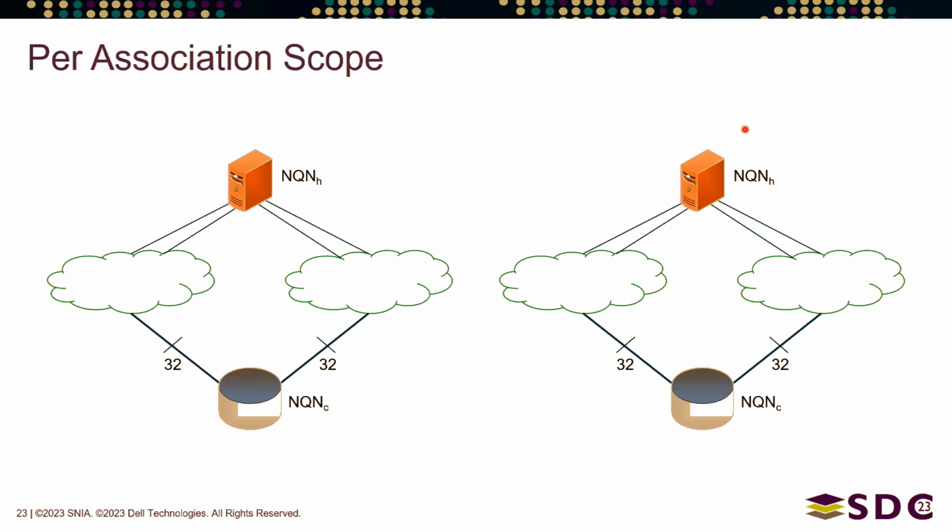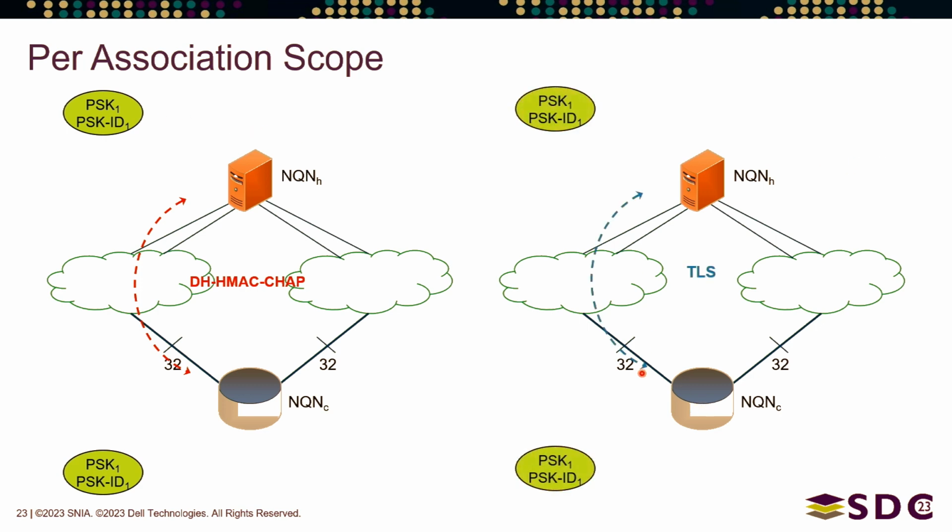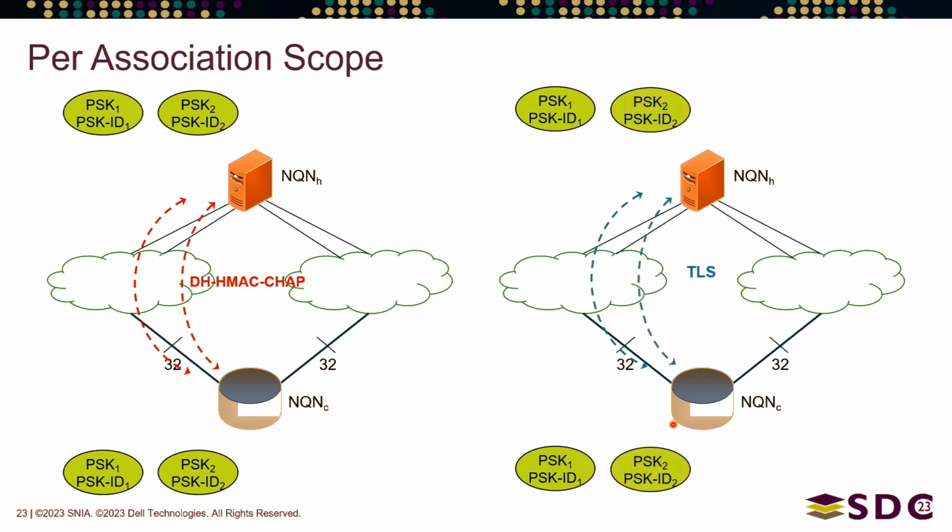If I want to support a pair association scope instead, I perform a first DHM matchup transaction and I get a pair PSK-ID, PSK1. And now I use that one to set up my first set of TLS connections using PSK1 and PSK-ID1. Then I perform another DHM matchup transaction and I get another set of PSK and PSK-ID. And I use this one to set up additional TLS connections.